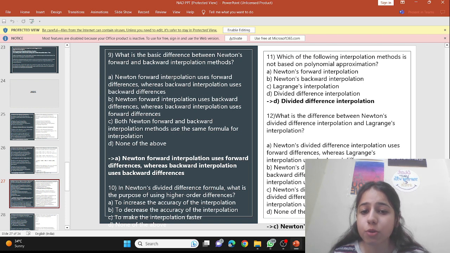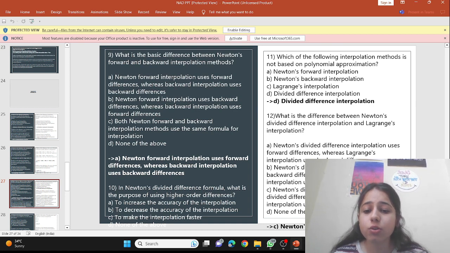B. Newton forward interpolation uses backward differences, whereas backward interpolation uses forward differences. C. Both Newton forward and backward interpolation methods use the same formula for interpolation. A. Newton forward interpolation uses forward differences, whereas backward interpolation uses backward differences. This is the correct option, as Newton forward interpolation uses the forward difference and backward interpolation uses backward difference. So our correct option is A.